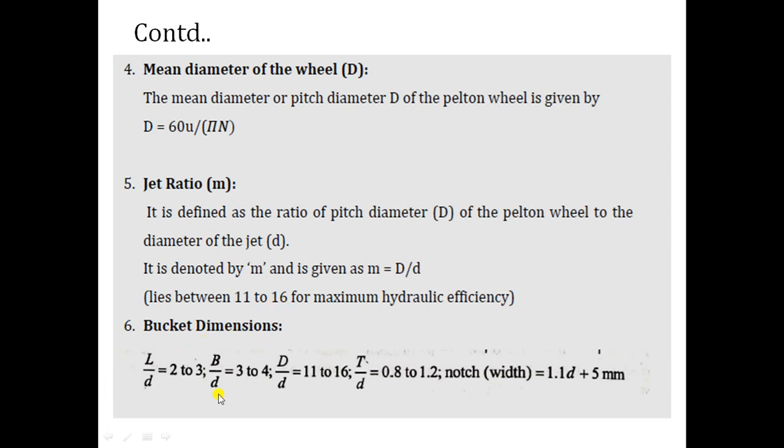Here there are certain formulas for the bucket dimensions of the Pelton wheel. L by D should be between 2 and 3, B by D between 3 and 4, D by d between 11 and 16, T by d between 0.8 and 1.2, and notch width should be 1.1 times d plus 5 millimeter.